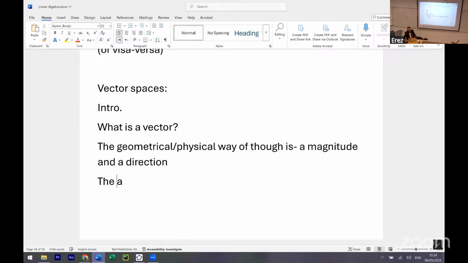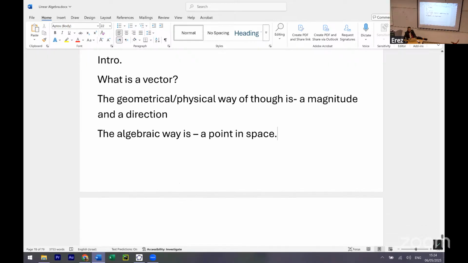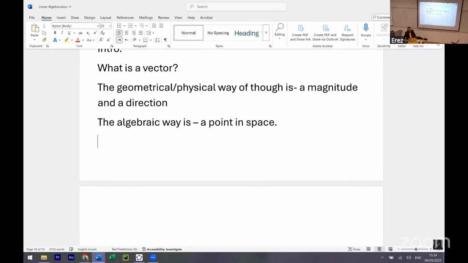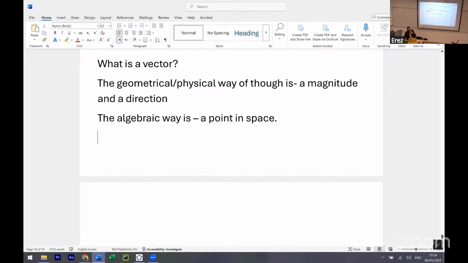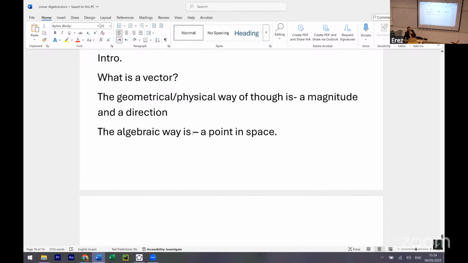What is the algebraic way? Which is more relevant to us, right? The algebraic way. A point in space. I'll show you this.